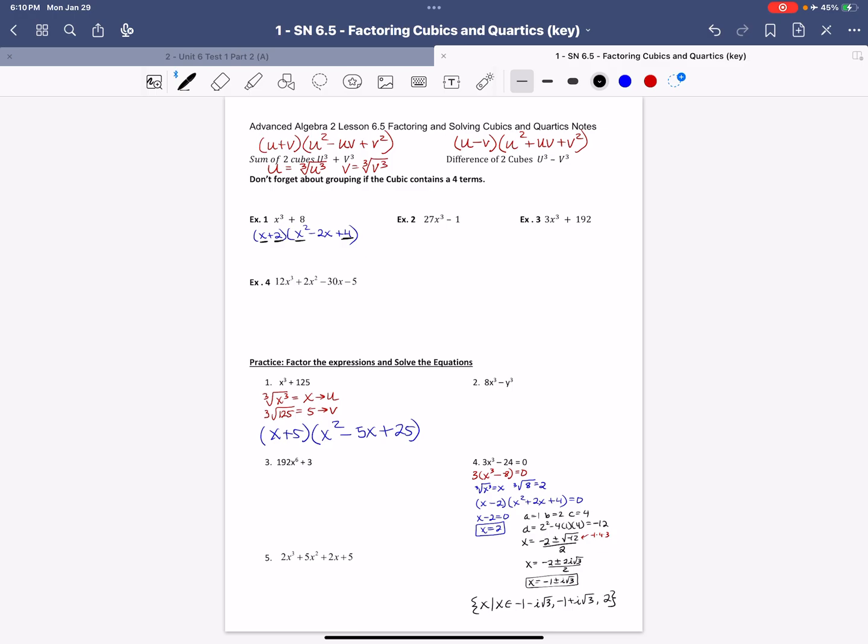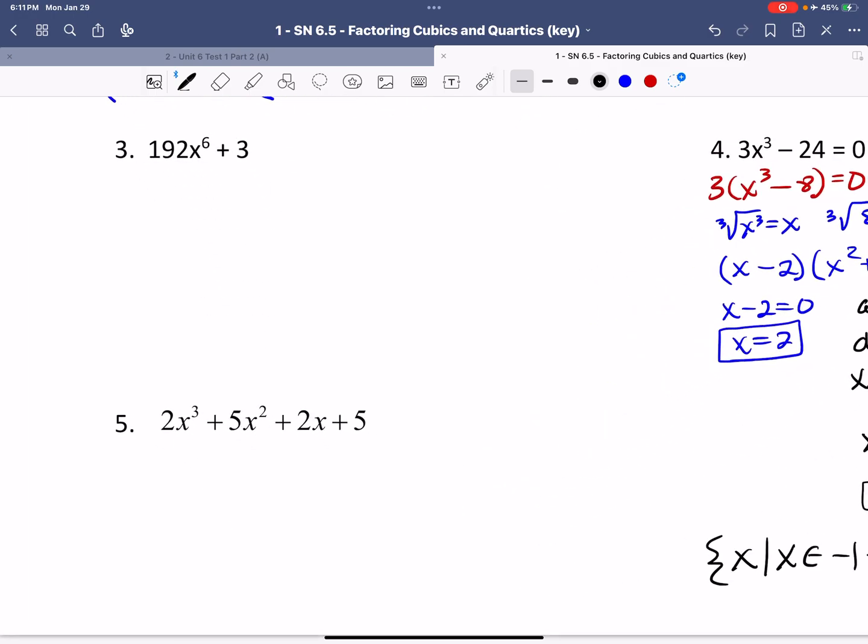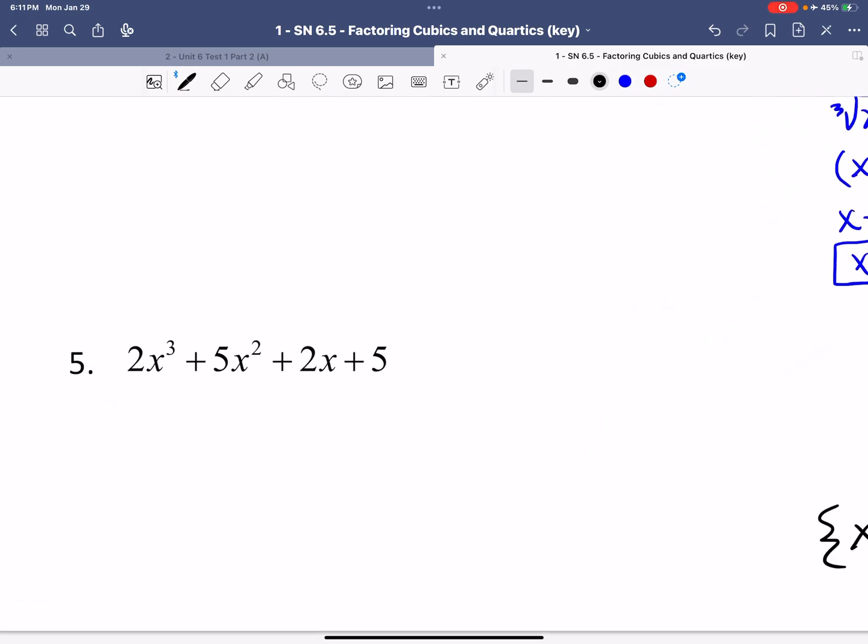All right, last thing before the notes are over, let's go over here and let's factor by grouping. Okay, remember step 1, I'm going to group the first two, make sure there's a plus sign, there is, and group the second two. Next thing I'm going to do is factor out what they have in common. This first set I can factor out a 2, nope, I can only factor out an x squared. So that's going to leave me 2x plus 5.